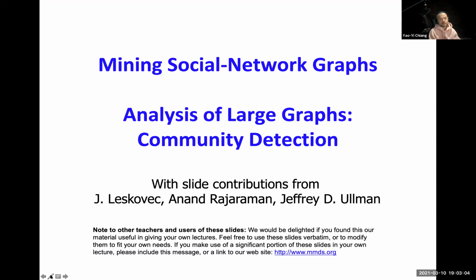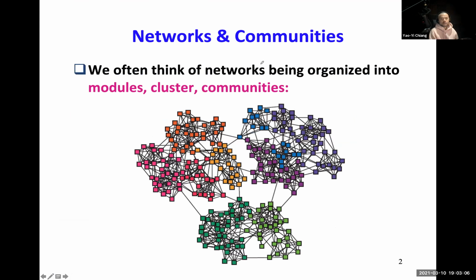All right, so we often think of networks as being organized into some modules, or you can call them clusters or communities. If you look at here, each color represents a community. So for example, each node here could be a person, and each link represents friendship.